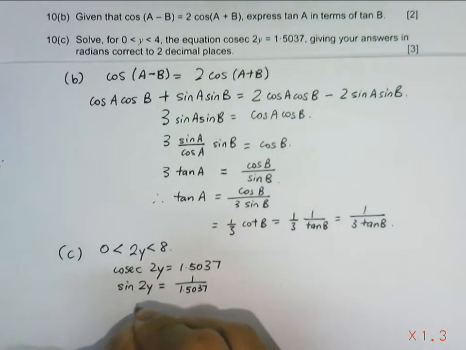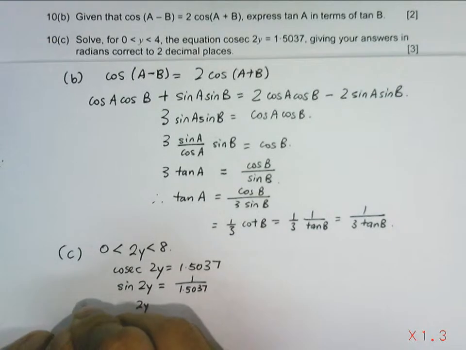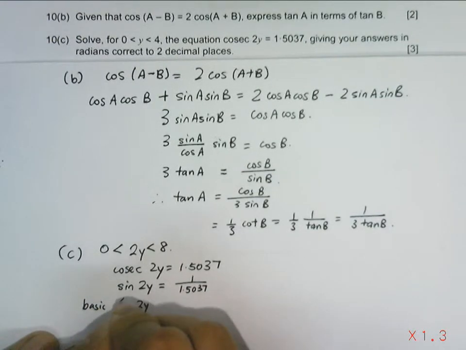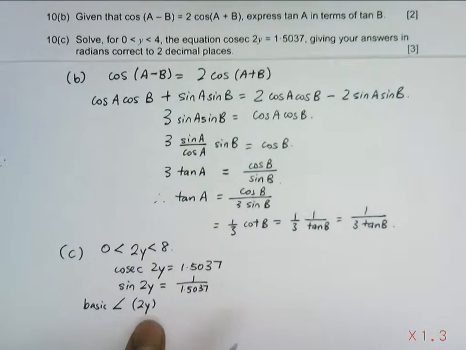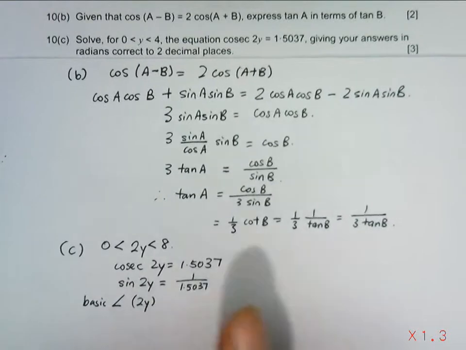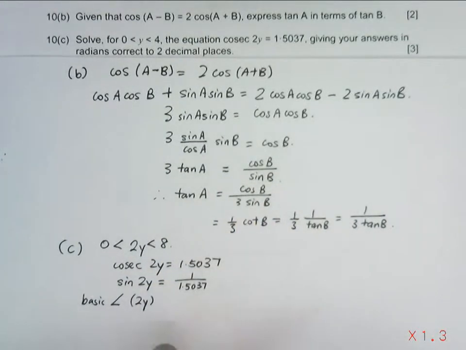My basic angle for 2y means the acute angle, meaning the first quadrant angle, because all 4 quadrants' ratios are related back to the first quadrant's acute angle.